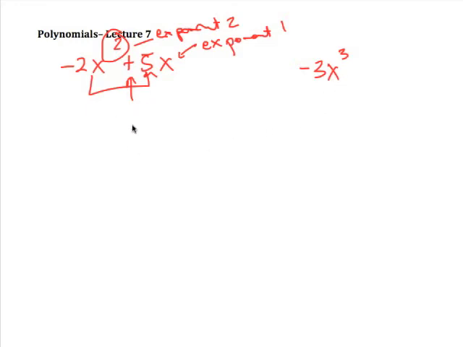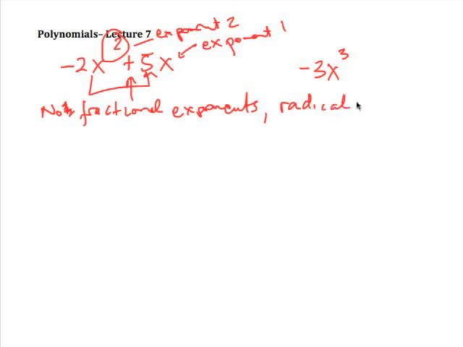Now, the thing to remember is that we do not have any fractional powers or exponents. All right, so no fractional powers or exponents, or radicals. So the square root of 2x, for example, plus 3x squared is not a polynomial.